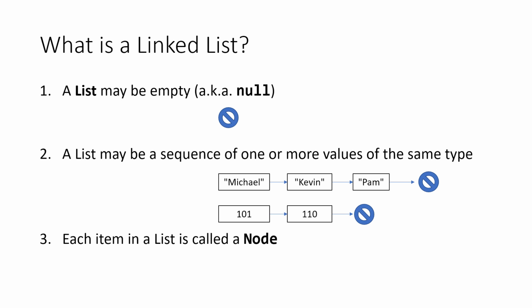Each item in our list is called a node, right? So this is a separate piece of terminology from, say, arrays, where each item in an array we call an element. In a list, each item is called a node, and they're individual from one another. Whereas with arrays, they are all part of the same sequence of memory.